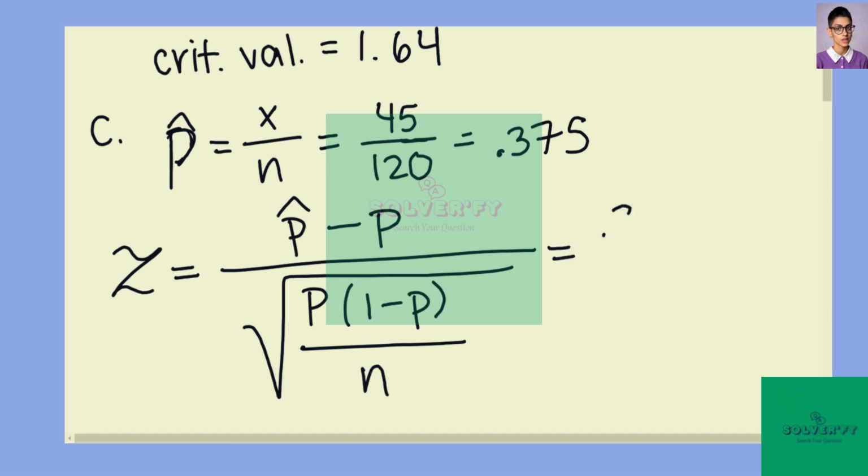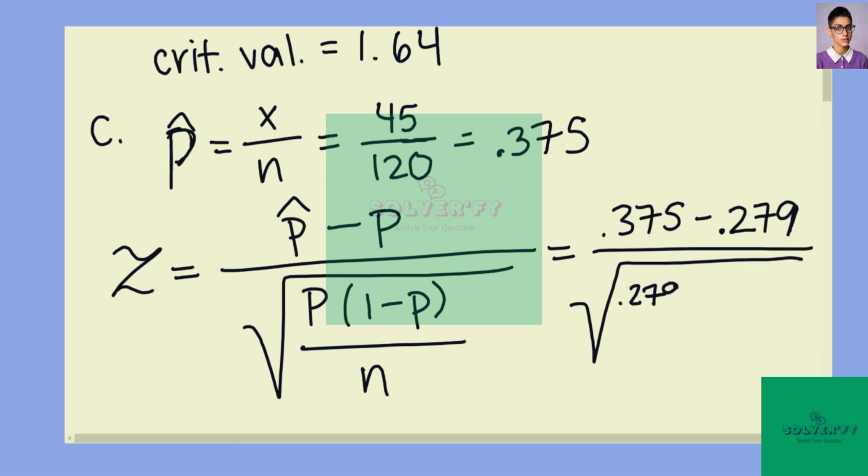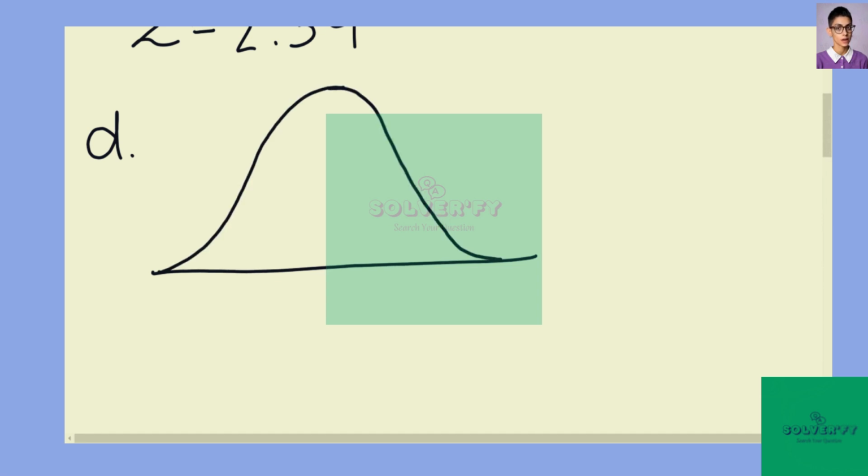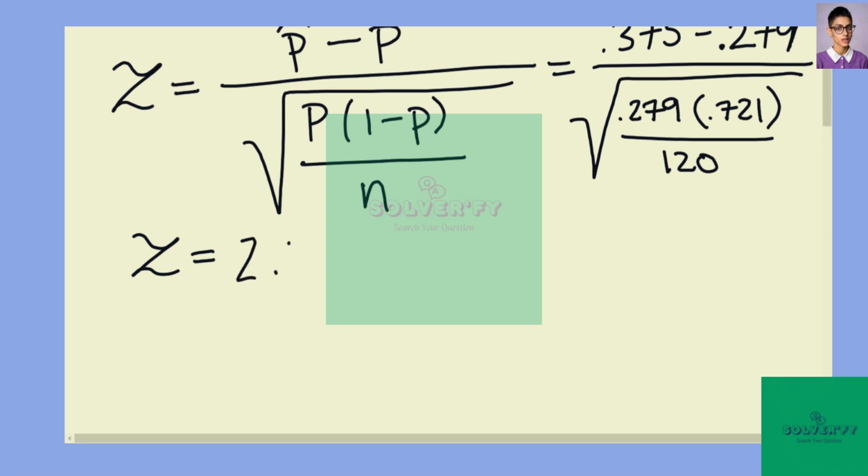So we have 0.375 minus 0.279 all over the square root of 0.279 times 1 minus 0.279, which is 0.721, all over 120. And we end up with a z value of 2.34.